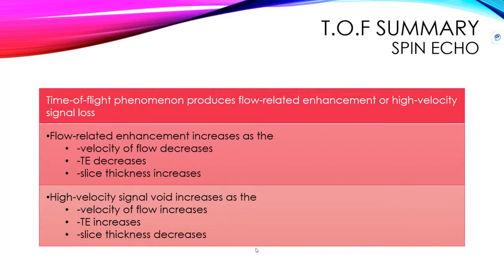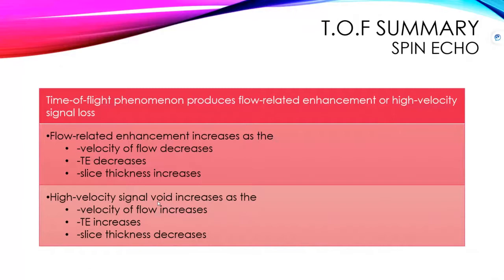As you decrease your time of echo, you're going to be able to excite and rephase those spins before they leave the slice. As the slice thickness increases, you're going to be able to excite and rephase those spins in the slice.